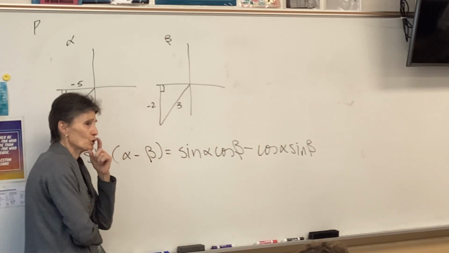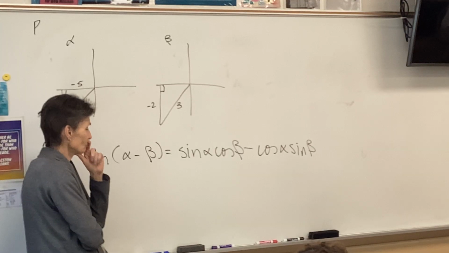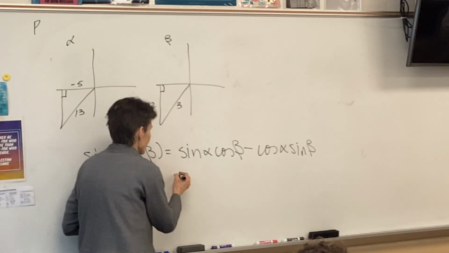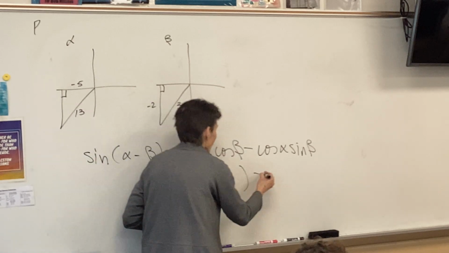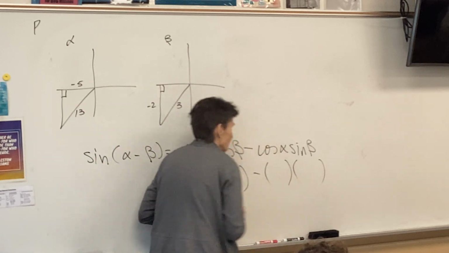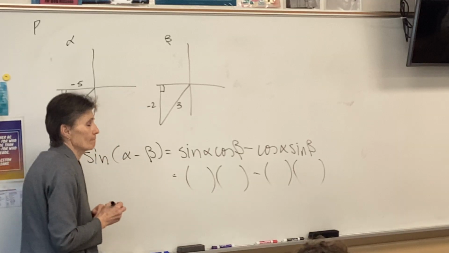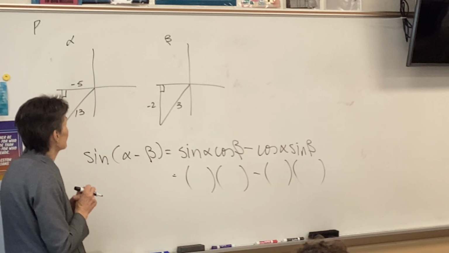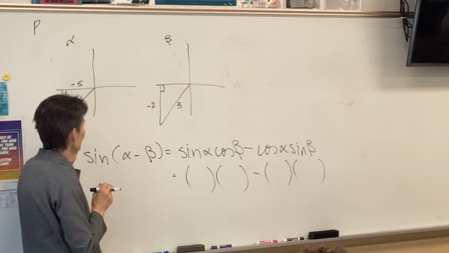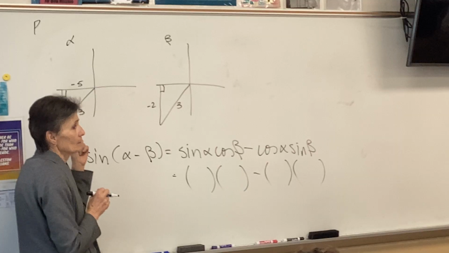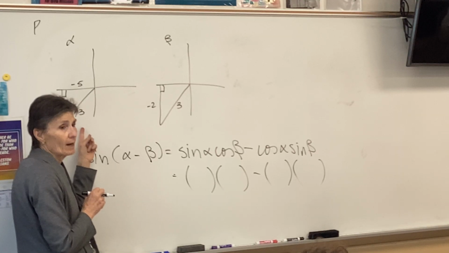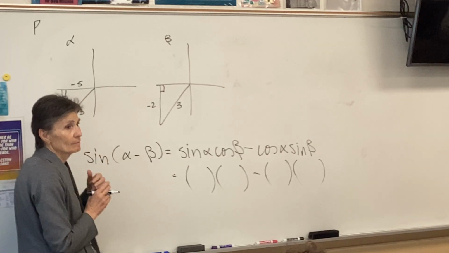Guys, I'm right on the sheet. I need the sine of alpha and I don't have it. What am I going to have to do here to figure out the sine of alpha?